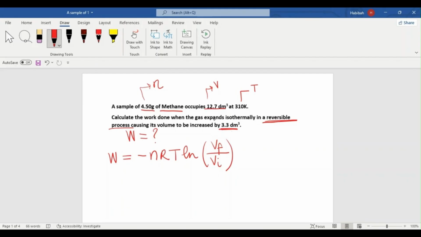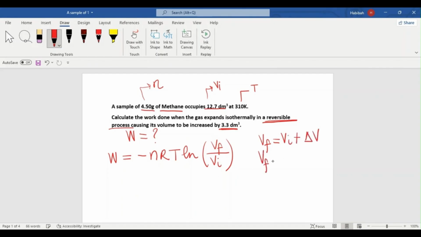So whatever the initial volume is, which we're told here is 12.7 dm cubed, the final volume is just going to be the initial volume plus the change in volume. So V final, which we don't know, is just going to be V initial plus the change in volume.